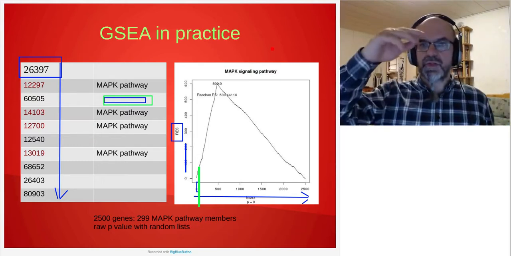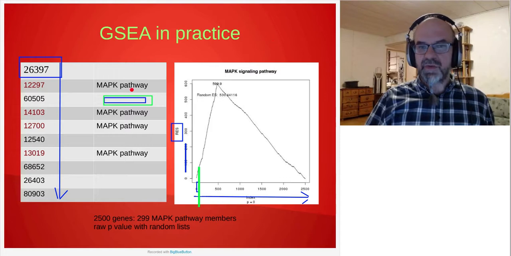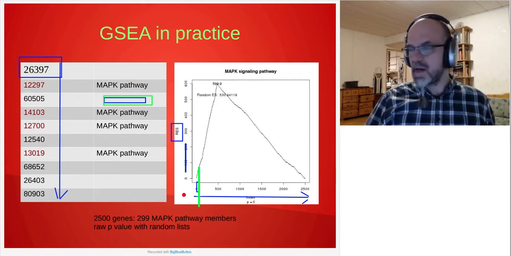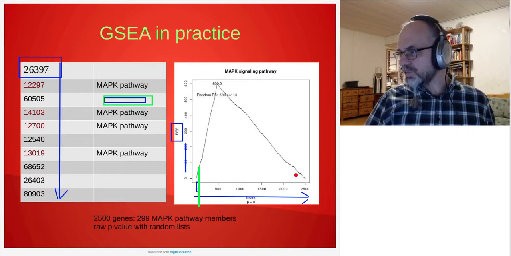You start from the top, stepping down, and when you see the MAPK pathway, you are drawing the line up, and when you do not see the MAPK pathway, you are drawing the line down.